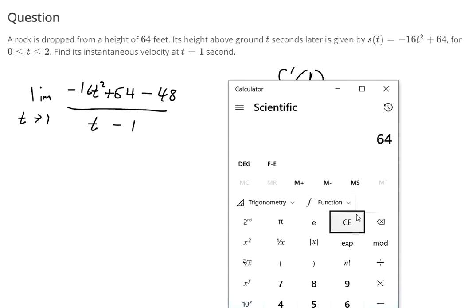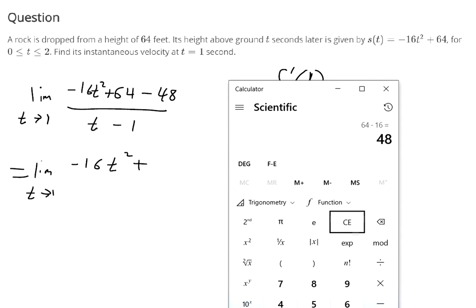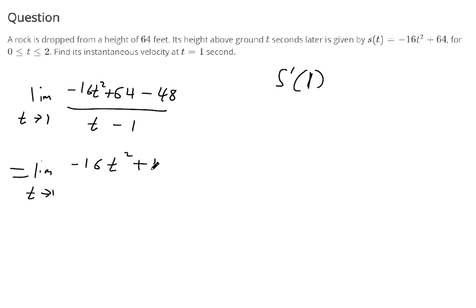Just double checking something. Okay, I want to make sure I did that math right. So this is the limit as t approaches 1 of negative 16t squared plus 64 minus 48 gives us 16. And then we get t minus 1 in the denominator.